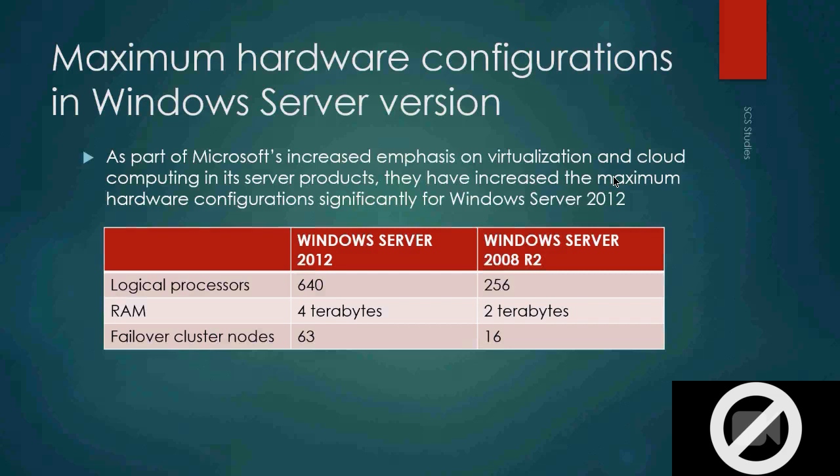That means in a POS or in a WOS installation, you can assign 4 TB of RAM max. In failover cluster nodes, Windows Server 2012 supports 63 failover nodes, which is more than double what we have in 2008 R2. This is the maximum hardware configuration in Windows Server versions, which is the change happening between 2008 R2 and 2012.